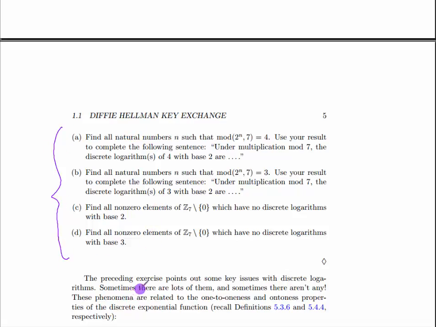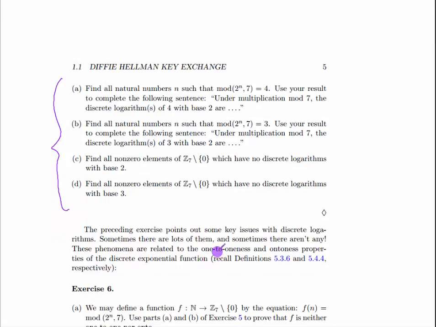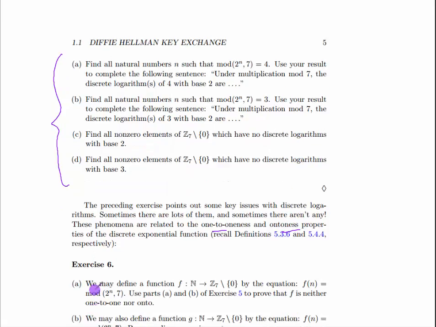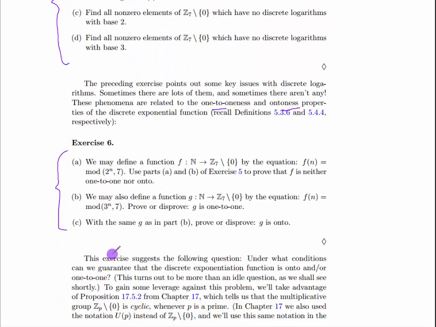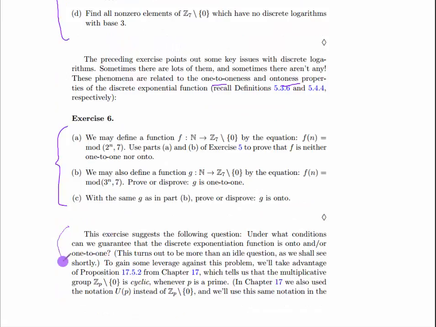Okay. Here we say that this phenomenon relates to the one-to-oneness and onto-ness. Okay, and this talks about how, in some cases, the discrete exponential is not a one-to-one onto function. In other words, it's not a bijection. Now, this paragraph talks about under what conditions you can guarantee that discrete exponentiation is a bijection. And this is a little bit technical. I'm going to pass by this for now.